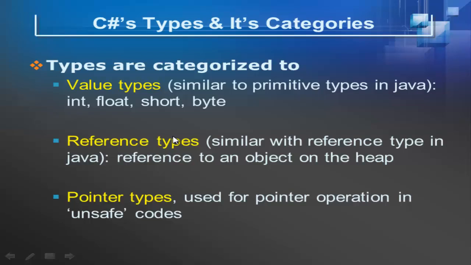In other words, the pointers will run on a native thread, whereas the other part of your program will run directly. So I'm not going to venture into pointers anymore because it's not directly executable inside a .NET environment.